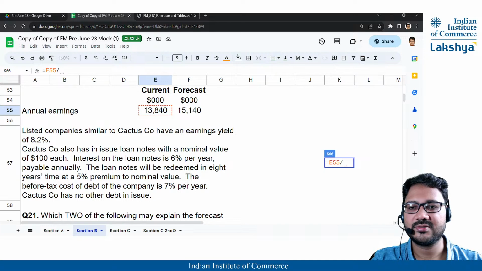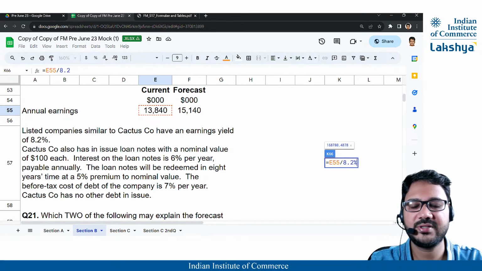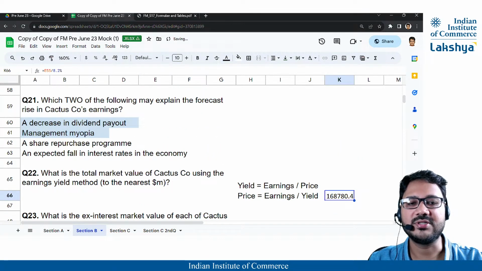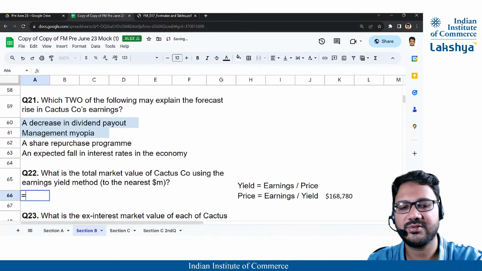Interest rate, no. So we will just stick to 8.2%. So these many $1,000 divided by 8.2%. Okay, so the final answer would be this into $1,000.